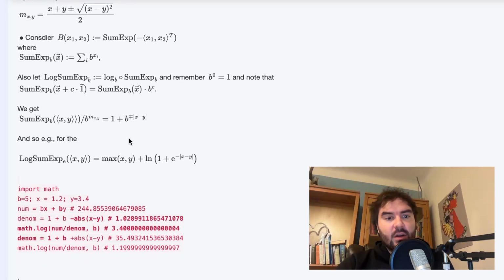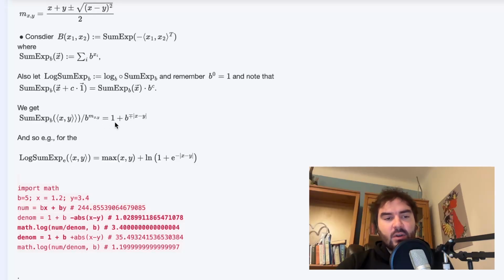And then you can take the logarithm and use the logarithm rules, and then you say explicitly how these two functions differ. So the LogSumExp is indeed extremely close to the max, and the more so the further apart x and y are, because if x and y are further apart, this absolute value is bigger, and then e to the minus this value goes to 0.